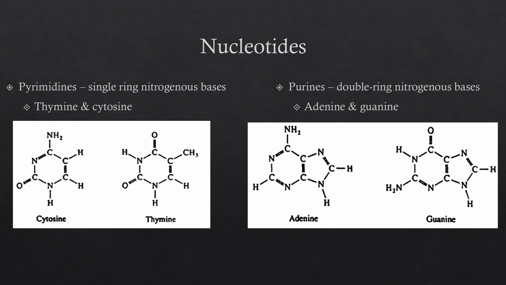Now, there are 4 types of nucleotides, and these nucleotides will come together to create that strand of DNA. Two types: one type is called pyrimidines. These are our single-ring nitrogenous bases. The two types within that are thymine and cytosine. Our purines are double-ring nitrogenous bases, and they are adenine and guanine. Okay, we only have to know at this level that the pyrimidine structure creates one ring, and your purines will create two rings.